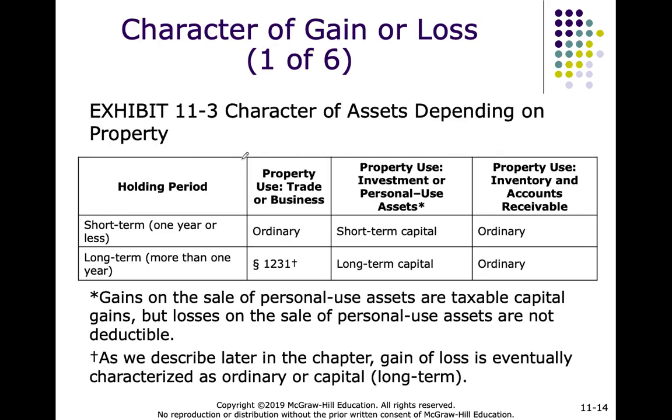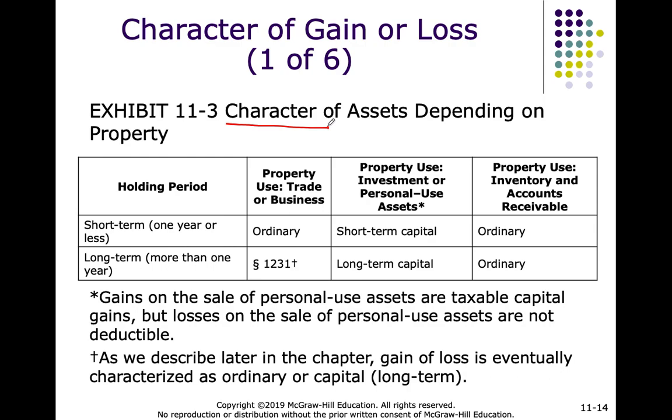Okay, so we basically have to know what the character of the asset is, and the character is determined by its use. How are we using the asset? How long have we held this asset? So those are the two things that we need to pay attention to. Holding period, meaning if it's 1 year or less, okay, that will make a trade or business asset ordinary.